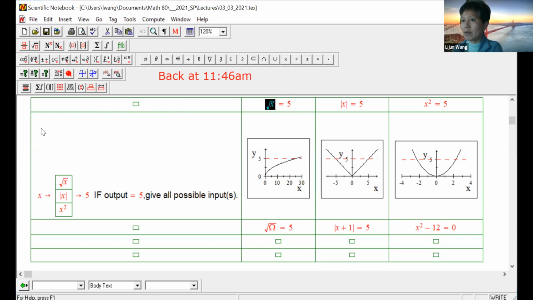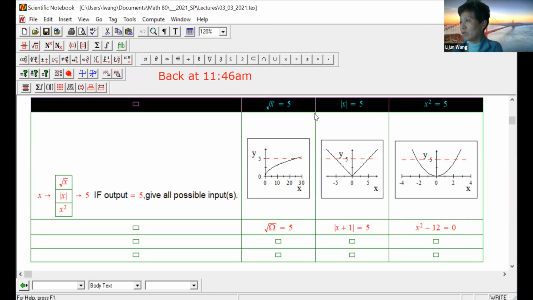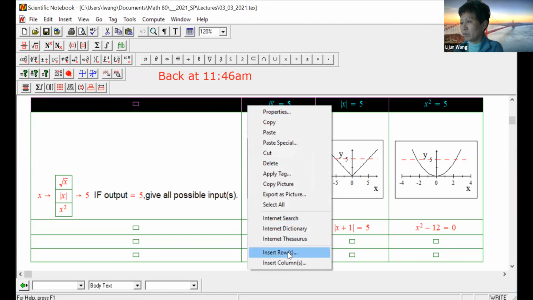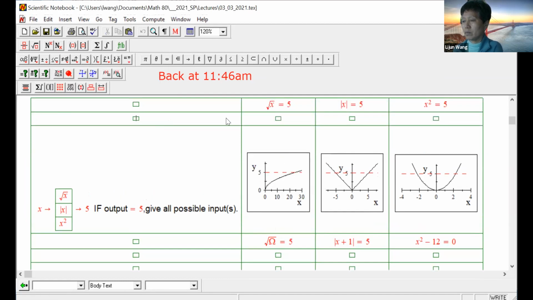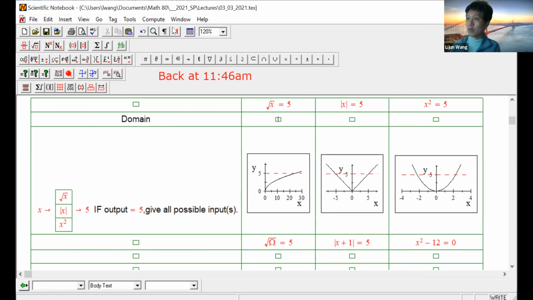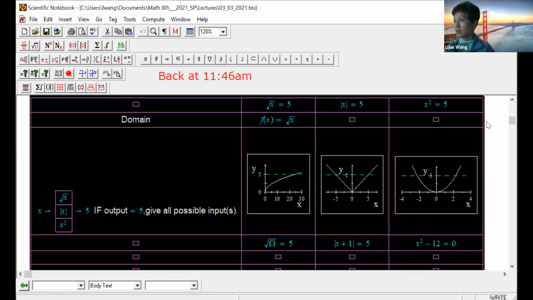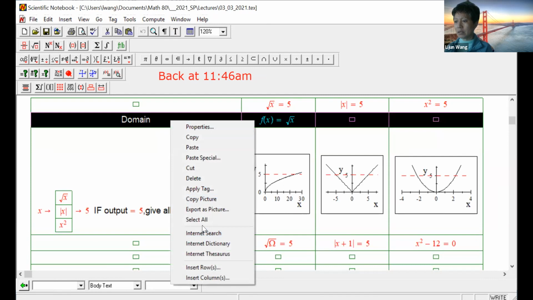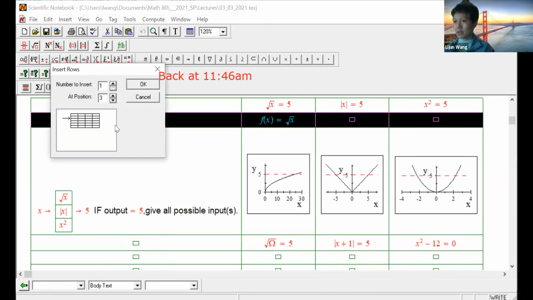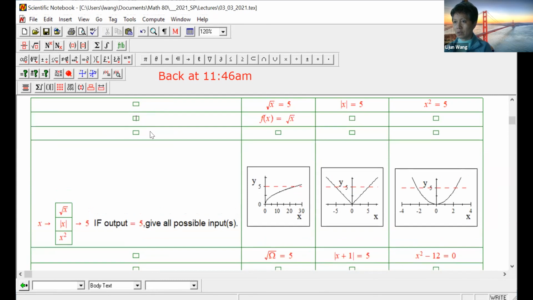Could you tell me what the domain of these rules is? What is the domain for f of x equals root of x? Let me put these together for convenience.